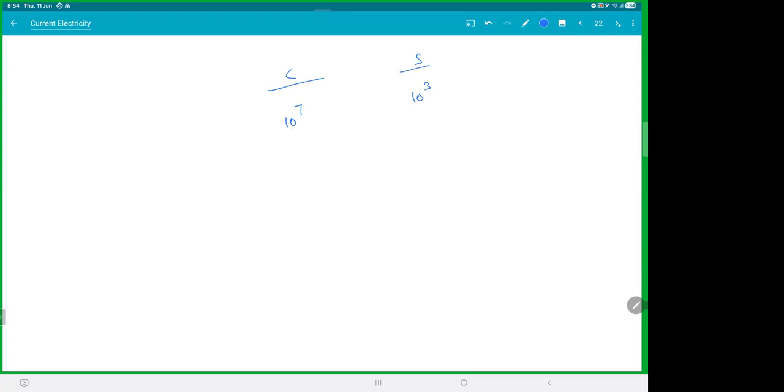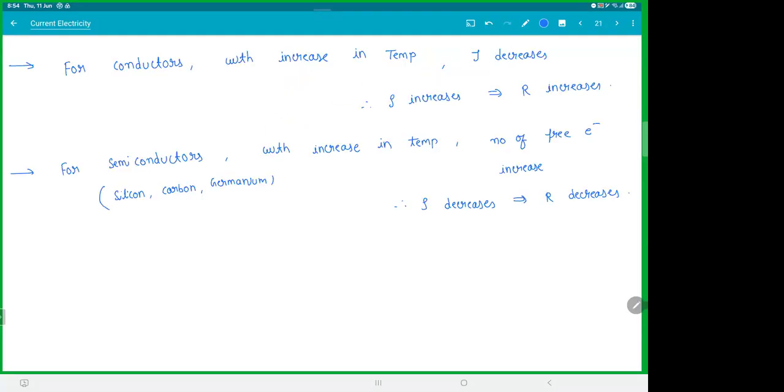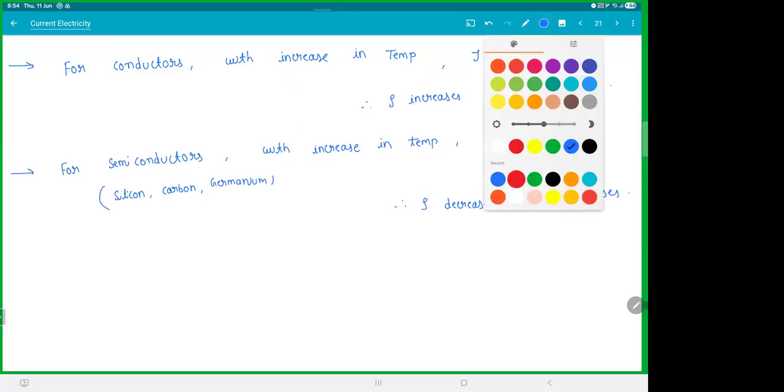When you increase the temperature, maybe 1,000 people will be added to each. Even though the number added is the same, here it is a 100% increase, while for the conductor it is a negligible change in percentage. So what matters is the percentage. It looks exponential, so R decreases. This is a very important thing. You should definitely remember this.